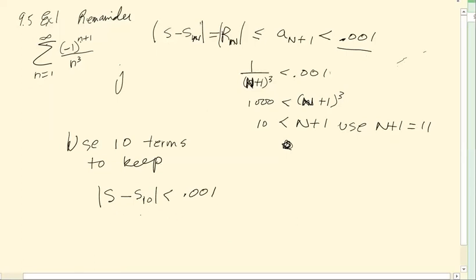Now to actually show this range of values here, we have to calculate S sub 10. You can do that on your calculator. I did it, and I got approximately 0.90112.